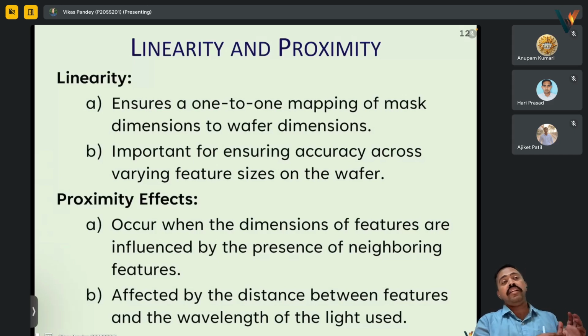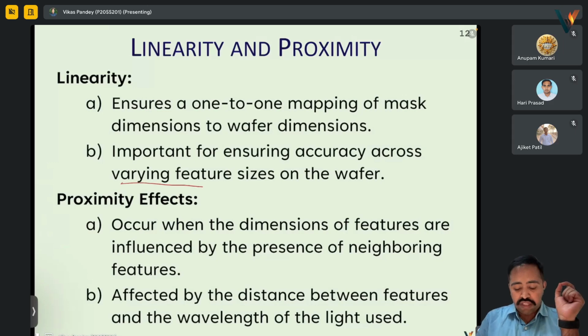In projection lithography, it is one-to-one mapping with a relation of whatever we want, say by 5x or divide by 5, but we should get the exact one-to-one. Then it will be a linear relationship, which is important to ensure accuracy across various feature sizes.